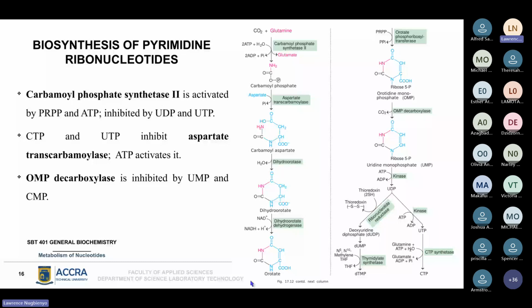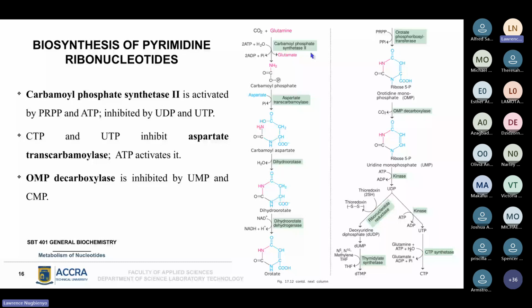Now, the regulation of this process is such that you have first of all, the first enzyme, the carbamoyl phosphate synthetase 2, activated by the phosphoribosyl pyrophosphate. I mean, that is, first of all, one of the compounds that are needed for the synthesis of the pyrimidine nucleotides.